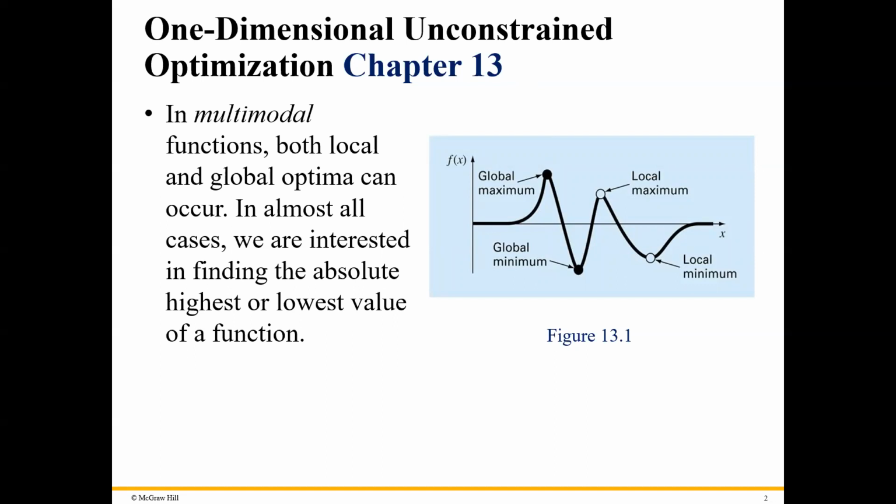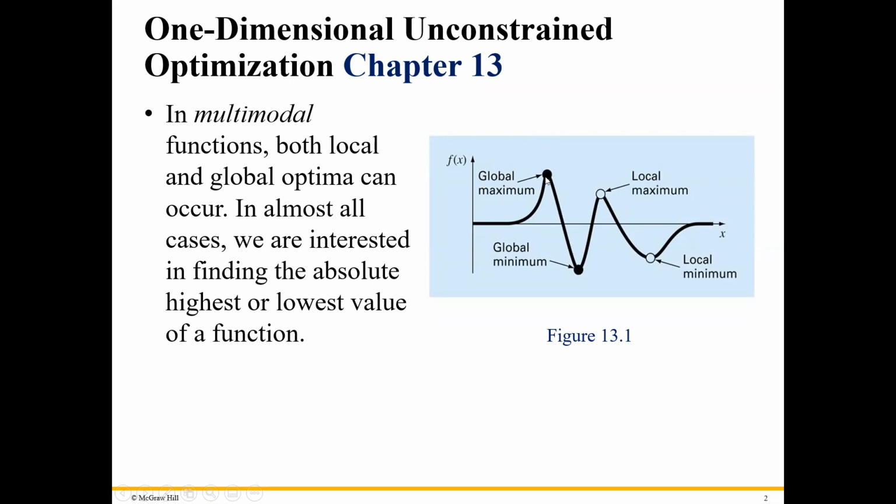But that maximum can be a local maximum, or it can be a global maximum, as you can see in this figure 1.3. Suppose we have a function whose graph is something like this. This function is showing 1, 2, 3, 4 extreme points.